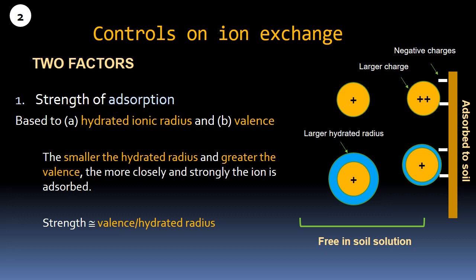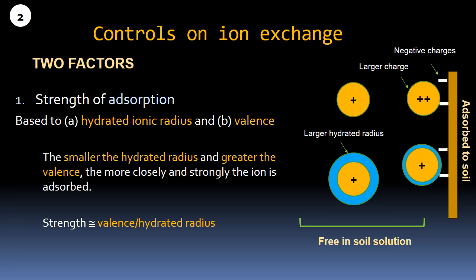The first factor is the strength of adsorption. And the strength of adsorption is controlled by the valence of the cation and by the hydrated radius of that cation. We know that the soil has negative charges, and these negative charges must be occupied by positive ones.